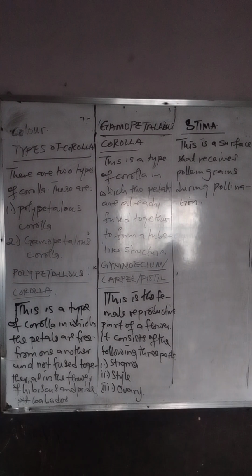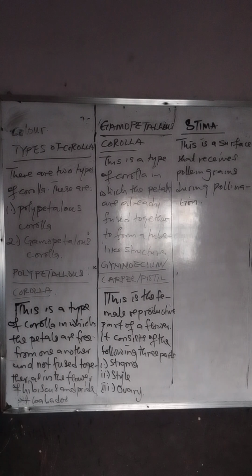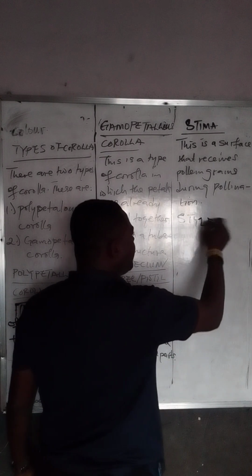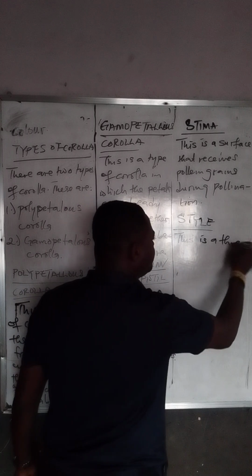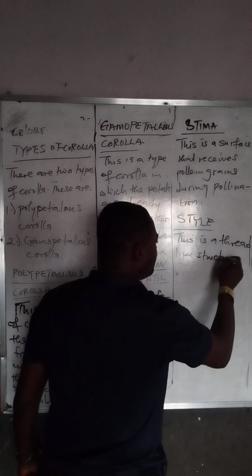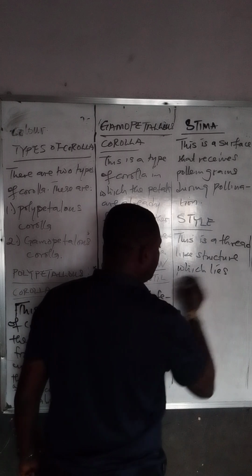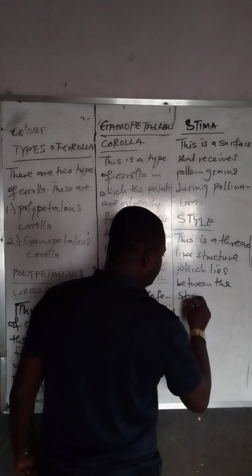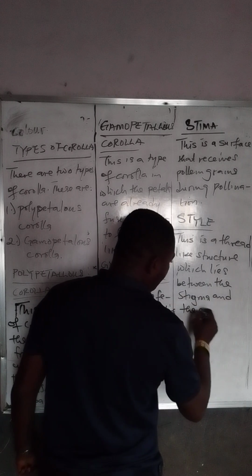So now, let's look at the next one, which is style. This is a thread-like structure which lies between the stigma and the ovary.